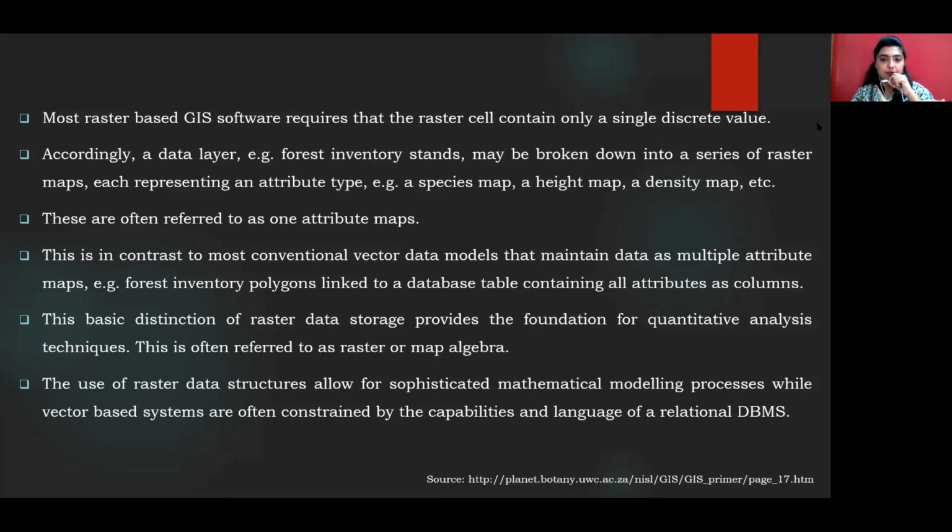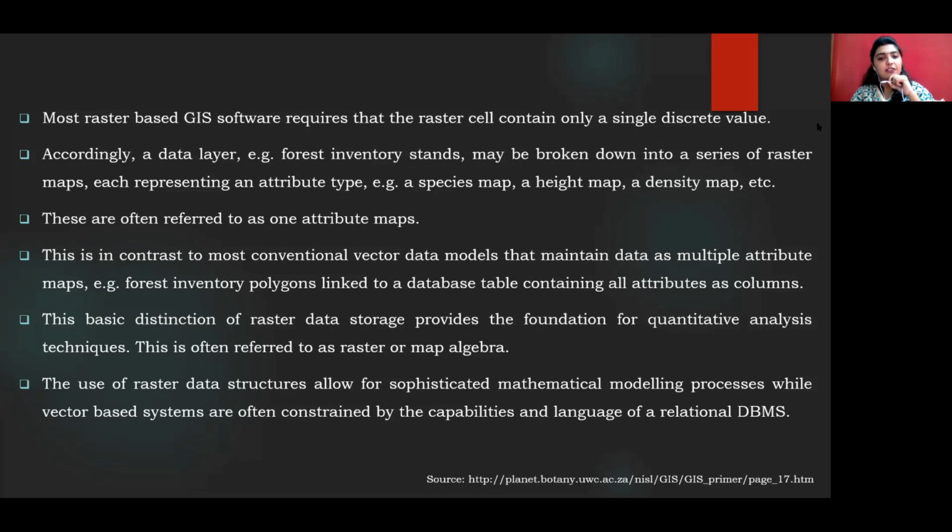One circle for the whole forested area, and within the polygon I can have different polygons for different species. Correct? So those values can then be stored in the attribute data. But for raster, what do I have to do? I will have to have different layers extracted. The species map I have to extract, the height map I have to extract, the density map I have to extract. So all that extraction has to be done from the raster image.